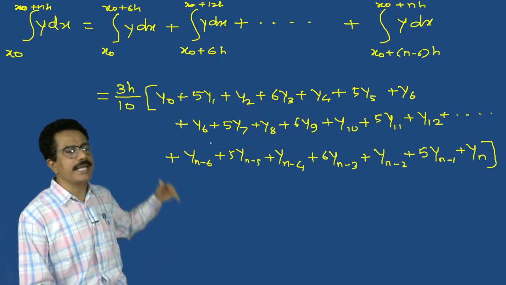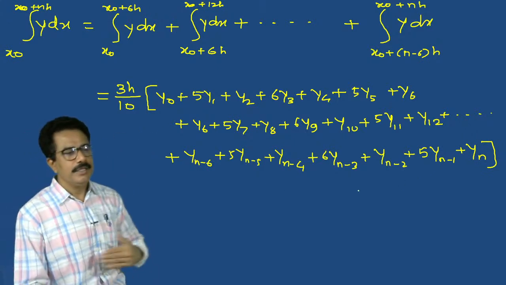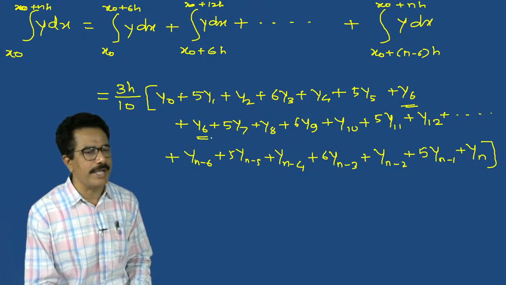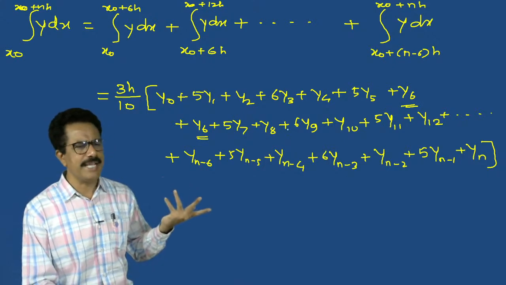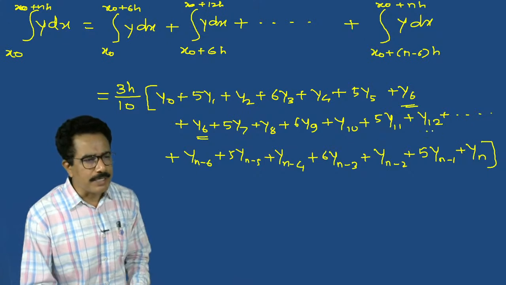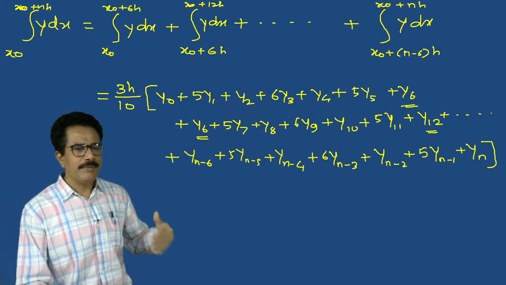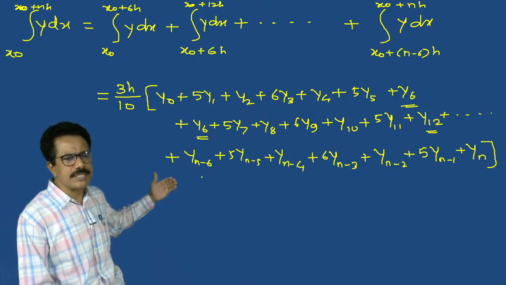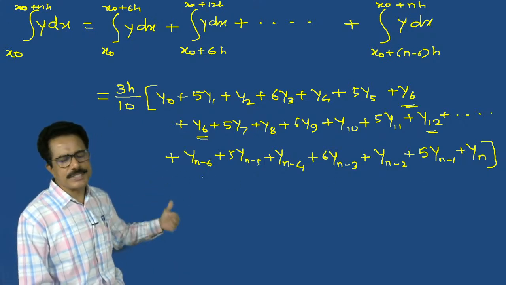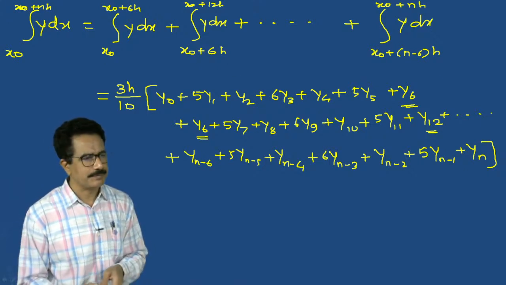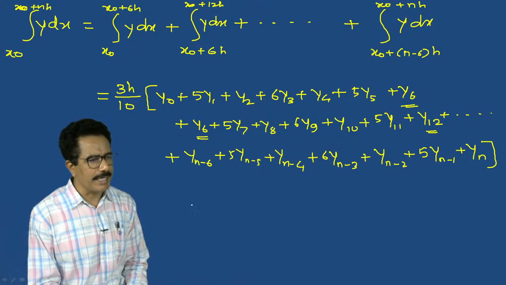In this way we can write the summation. Now take this y6 plus y6, which means 2 times of y6, remaining terms as they are. y12 plus y12 means 2 times of y12. In this way we can write continuously, and then the final answer will be as follows.